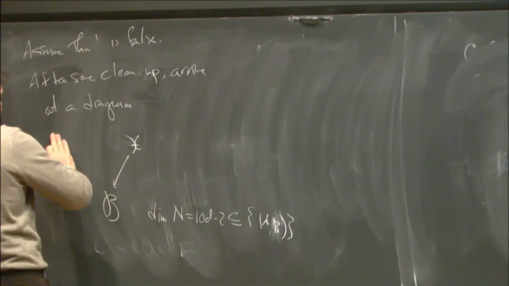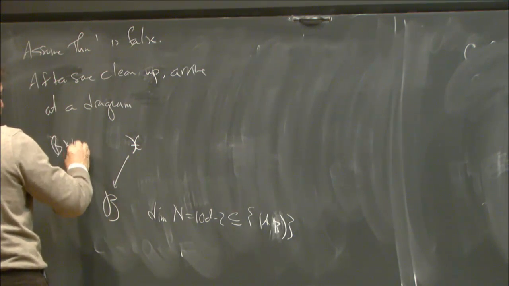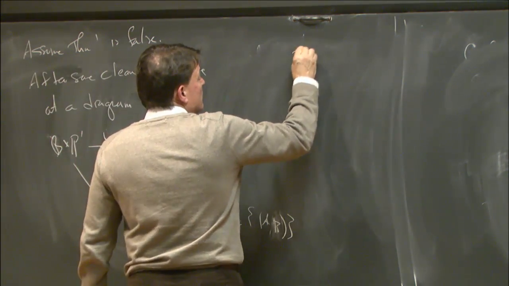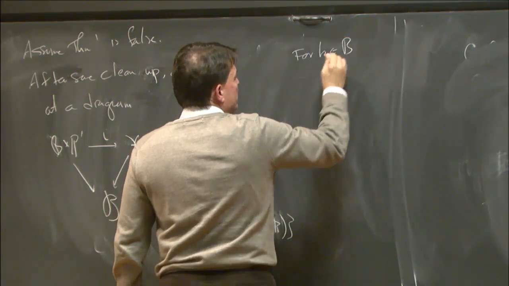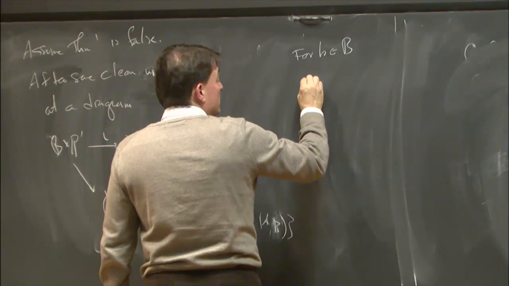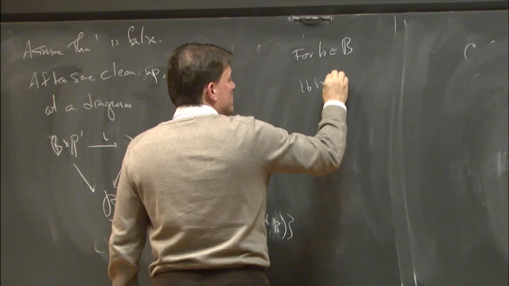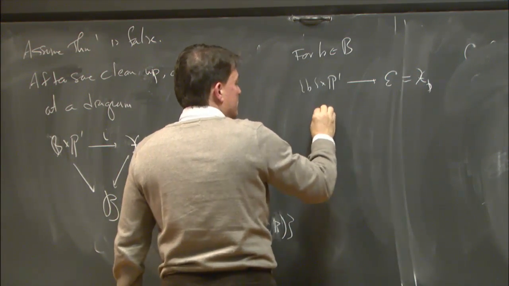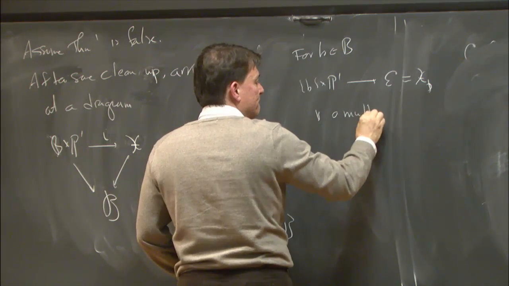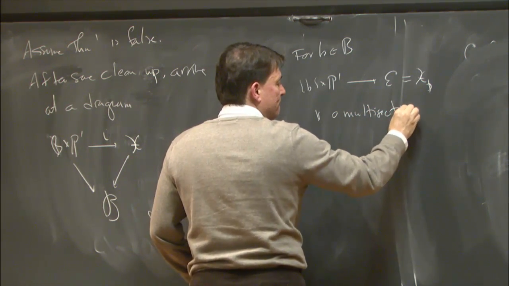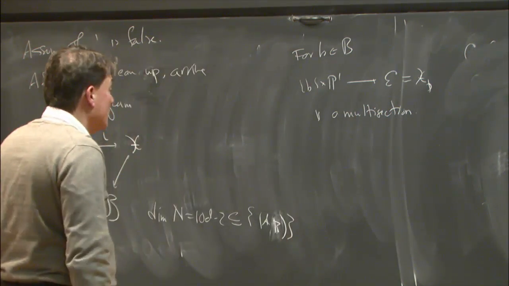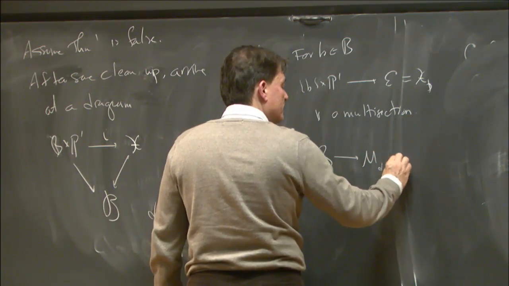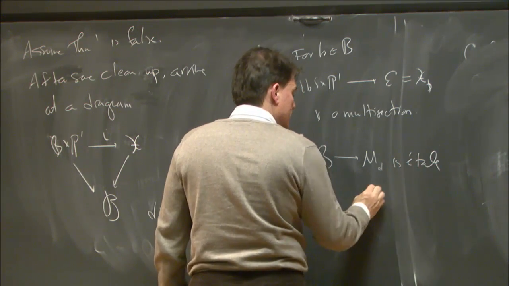And then here we'll have B cross P1 and a map I. So for b in B, from b cross P1 to E, which is X_b, is a multisection. And I also want that the moduli map here, B down to M_D, is étale and dominant.